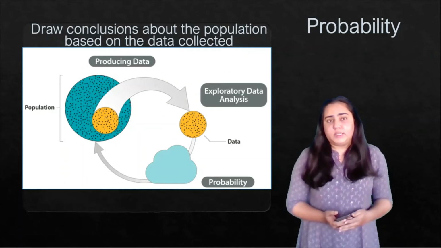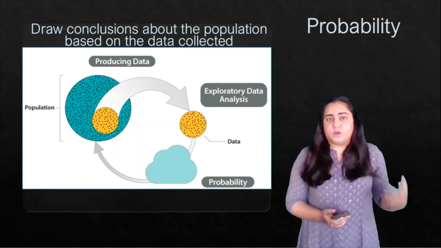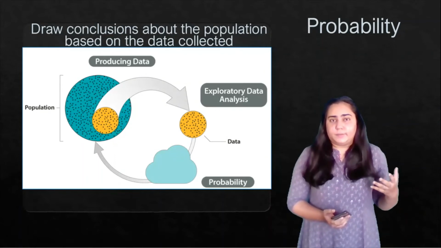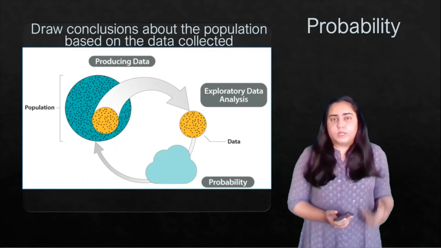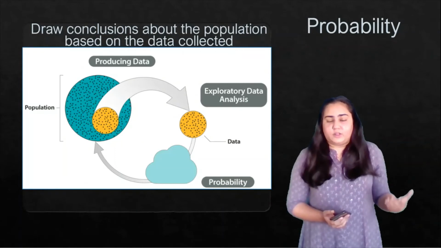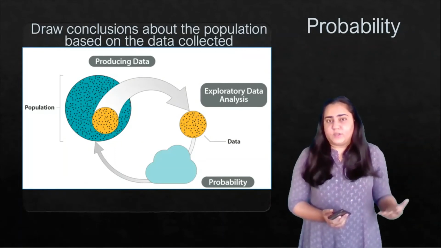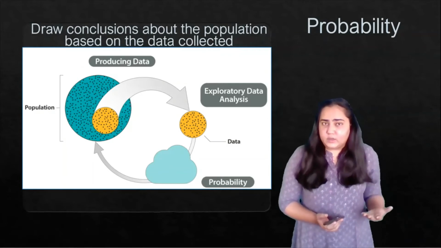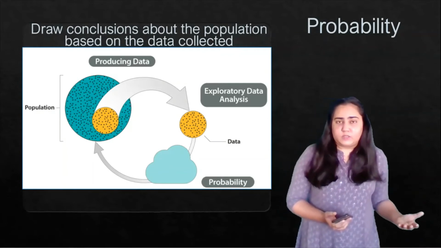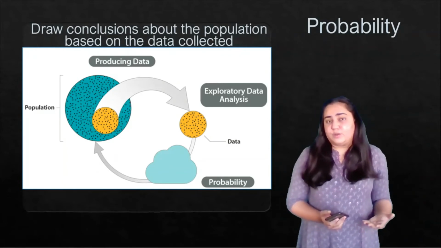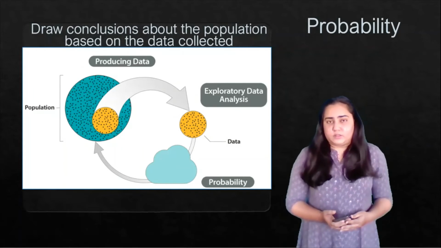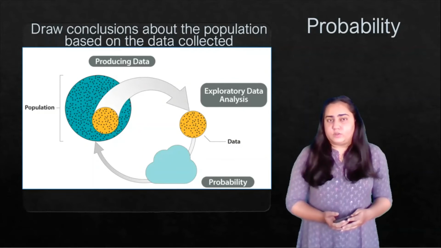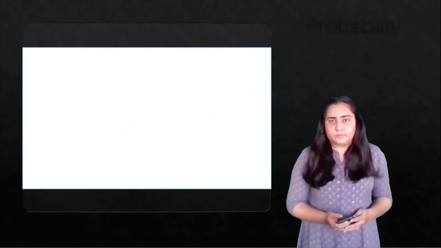Once you have summarized the data and you apply probability, you'll come to know what kind of conclusion you can draw. So if you're talking about the death penalty, then what is the probability of people supporting the death penalty and what is the probability of people not supporting the death penalty? These types of conclusions can be drawn with the use of probability.